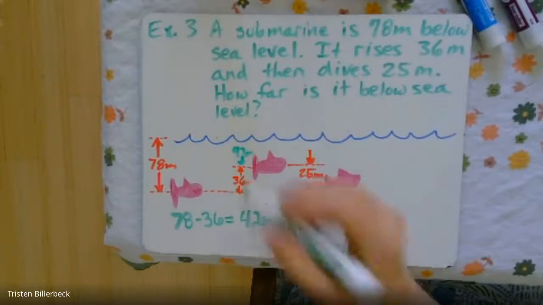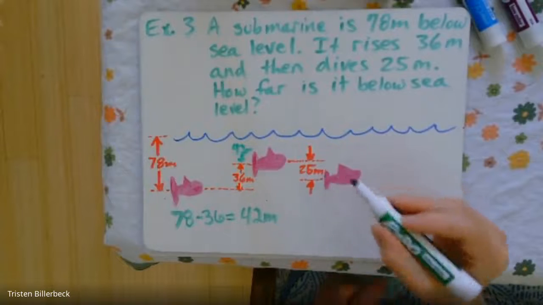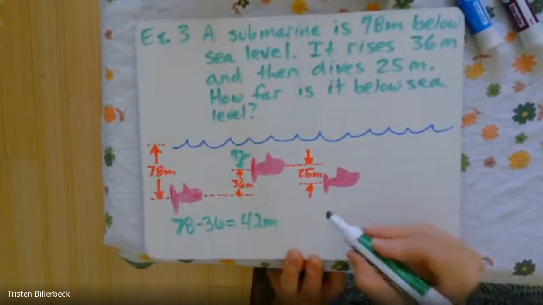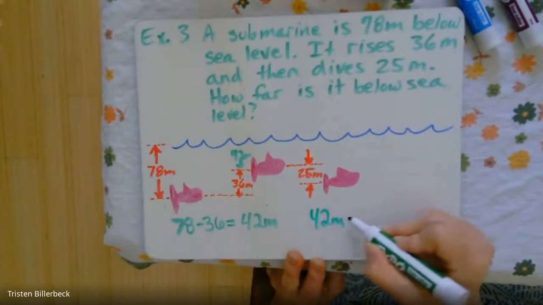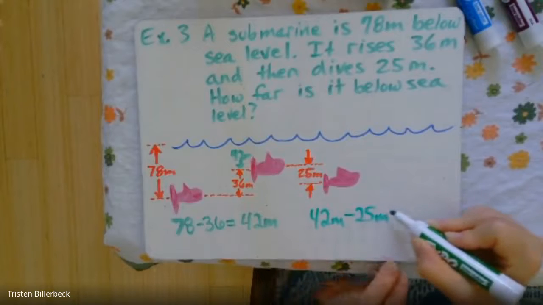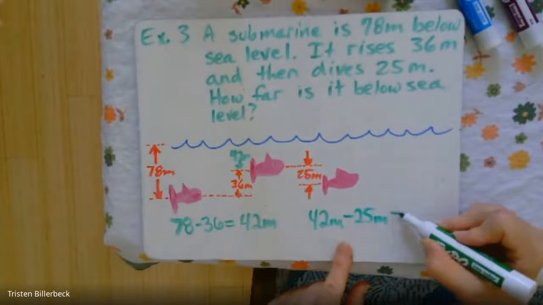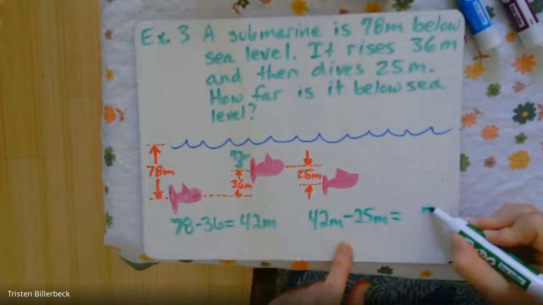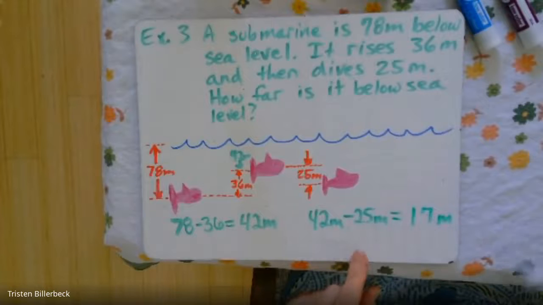Okay, so now we dropped 25 meters from 42 meters. So we'd start with 42 meters minus 25 meters. Okay, so 42 minus 25 ends up 17 meters. Oops, I went the wrong way.